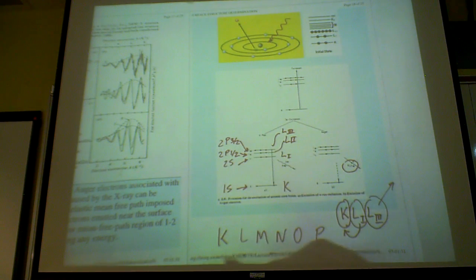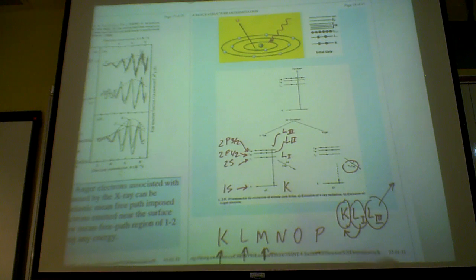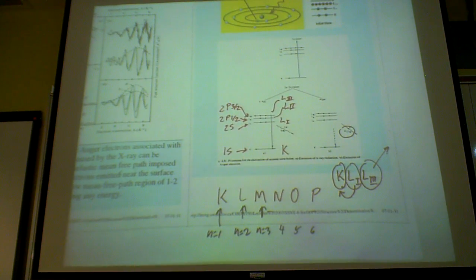So this is the n equal 1 shell, n equal 2 shell, n equal 3 shell, 4, 5, 6, and so forth. So that corresponds to the principal quantum number. They identify by letter. So K shell means 1s electron.